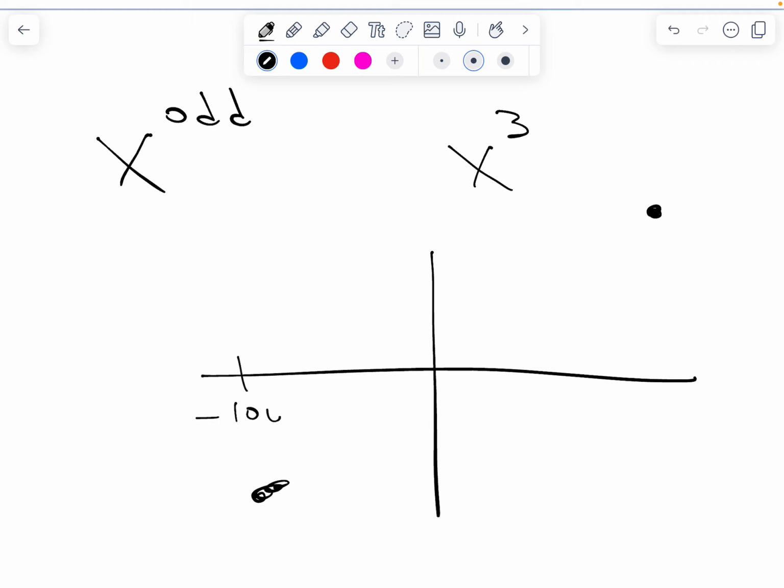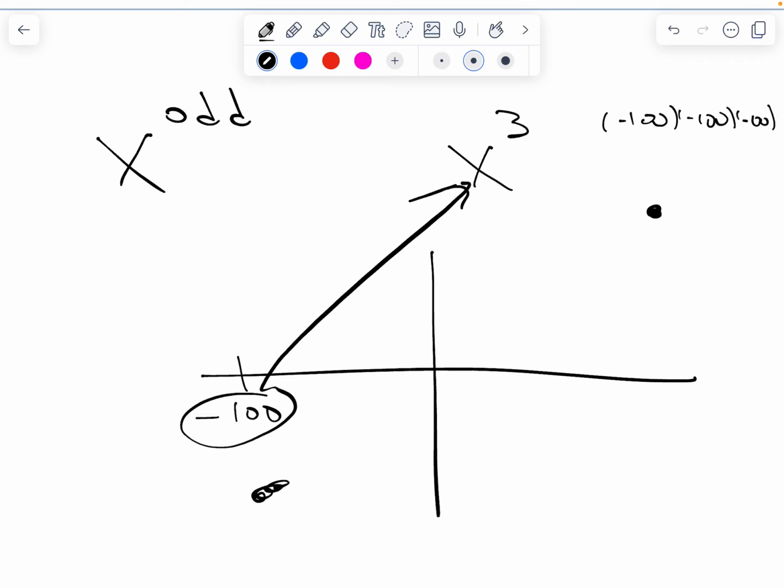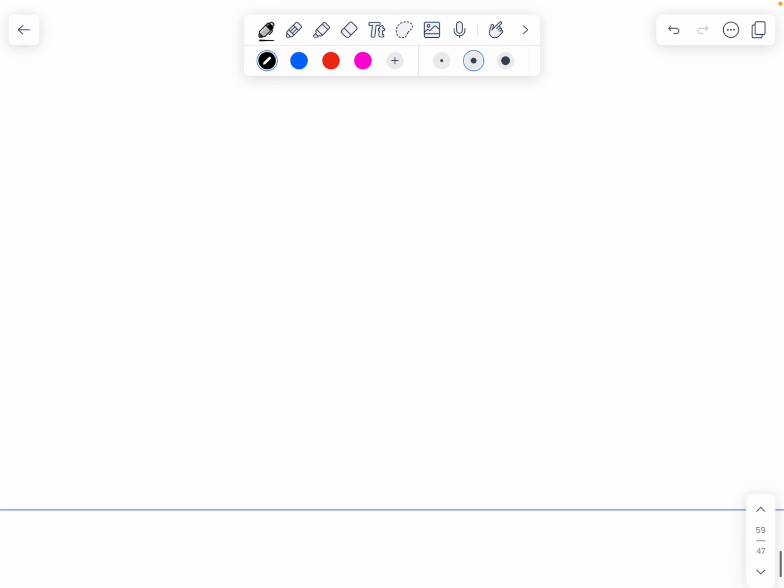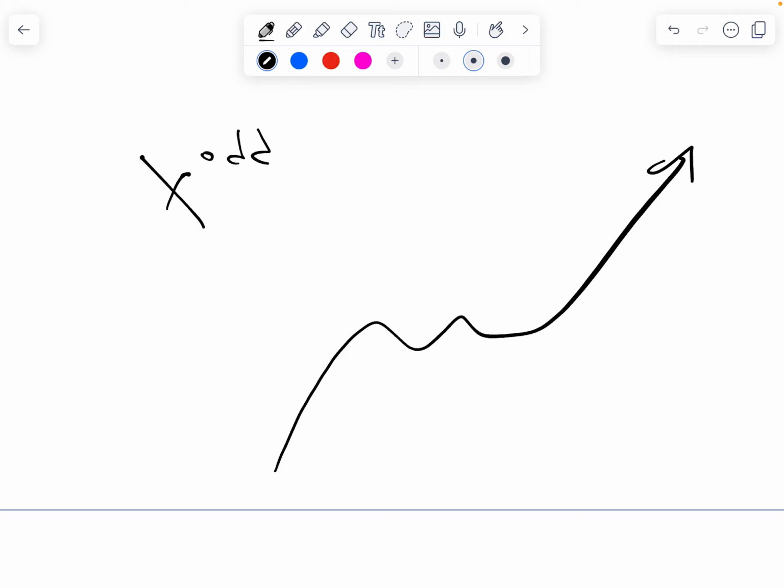Again, if we do negative 100, and I plug it in here, negative 100 times negative 100 times negative 100, negative, negative, negative, that positive, negative, that turns into a negative. So negative 100, if that's my input, if I input that into my equation and I cube it, a negative cubed is going to be negative. So that's going to end up wiggle, wiggle, wiggle, and like that. So x to the odd will always look like this. They'll go down on the left, they'll go up on the right.